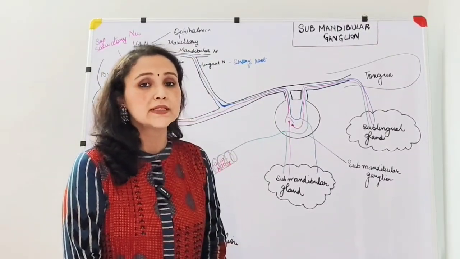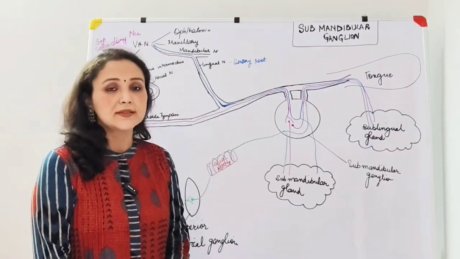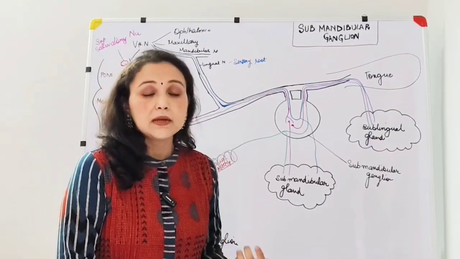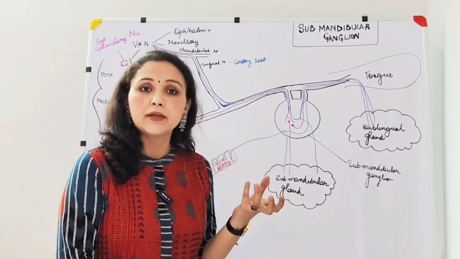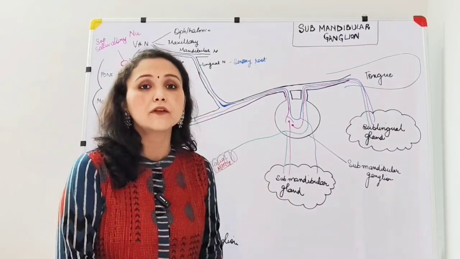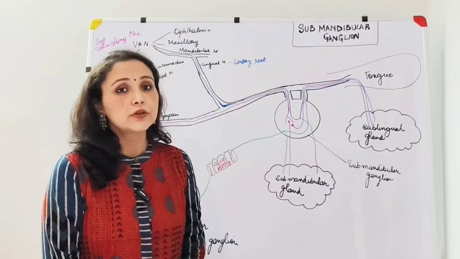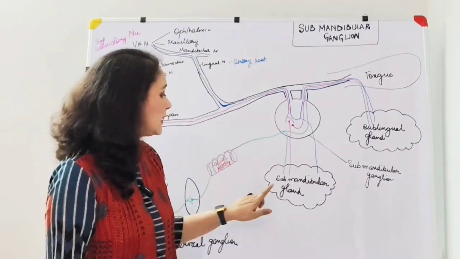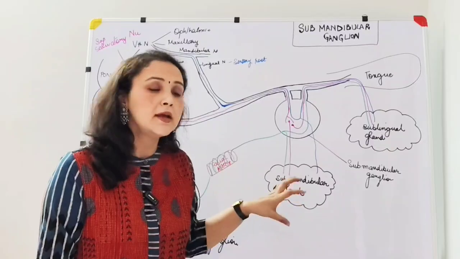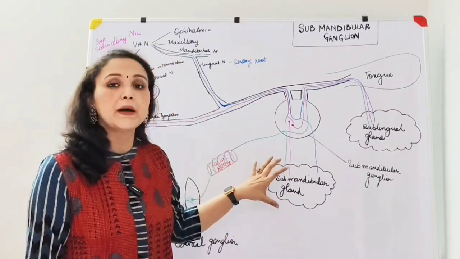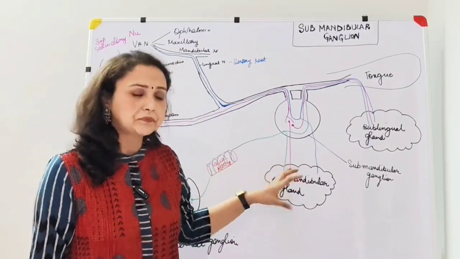So you should know it is present on the hyoglossus muscle. It can be asked to which part of the submandibular gland the ganglion is superficial. So you should know that it is superficial to the deep part of the submandibular gland. It has a superficial part and a deep part. It is present on the deep part of the submandibular gland.